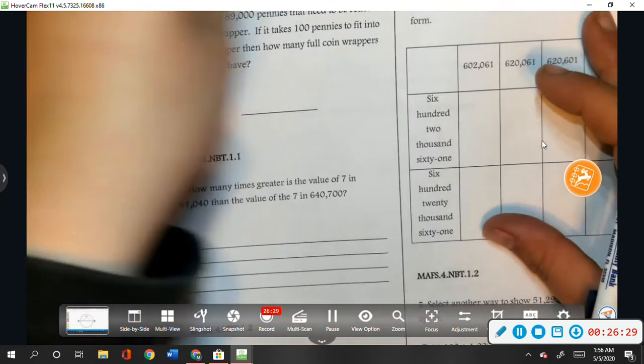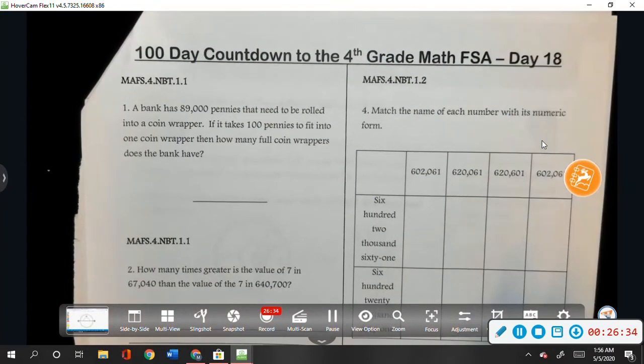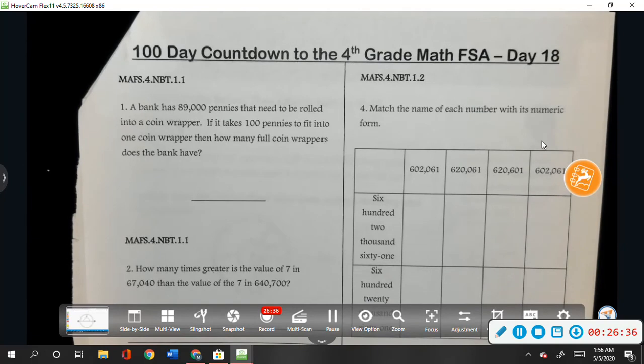Anywho, that was our last problem on that. Either way, now we are going to move into our countdown, and then we are done for the day. We do not have any Zoom meetings scheduled tomorrow. I think I only have 5 of you that we said we're going to come back and talk to.